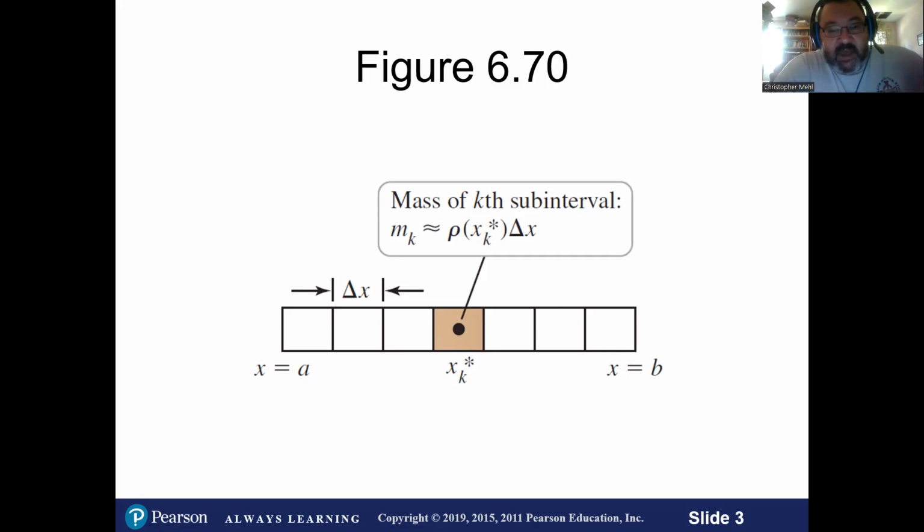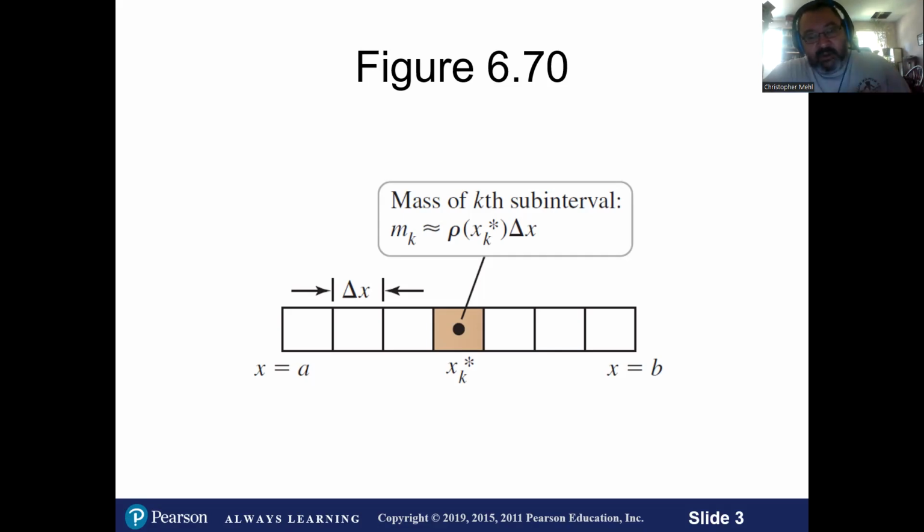Then we look at the kth piece of that bar. The mass of that kth subinterval would be approximately equal to the density at a point from that subinterval. Within each subinterval, we can pick a point xk star, and we'll measure the density at that point.